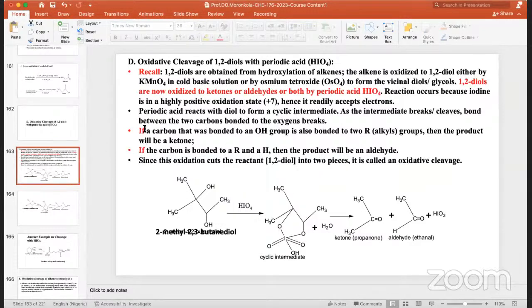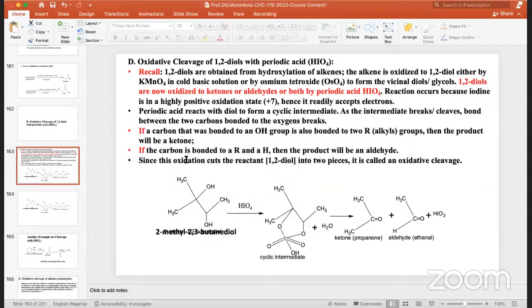Now, there are two cases here, and that is what I've earlier explained. When the carbon that is bonded to your OH, the C-OH bond, is bonded to two other hydrocarbons, like here, CH3, CH3, then the final product will be a ketone, and that is what is responsible for this ketone, propanone, here.